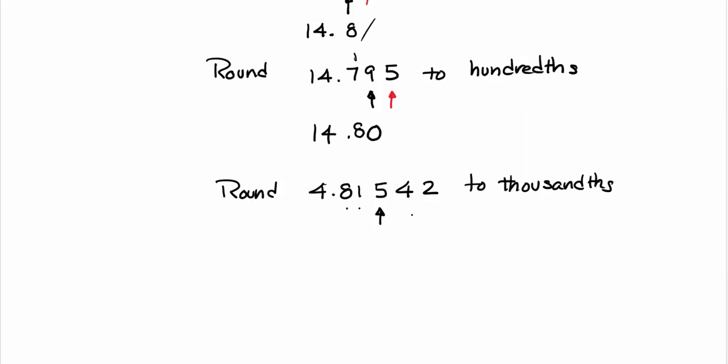So that's the place I need to look at. That's where I want to round to, so I look at the number next to it. Since that's less than 5, I don't round up. I just keep everything the same, 815, and I get rid of the numbers behind it. And so that's rounded to the nearest thousandths.